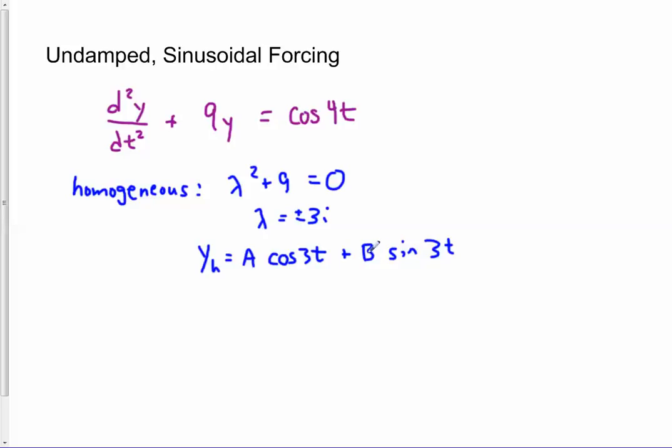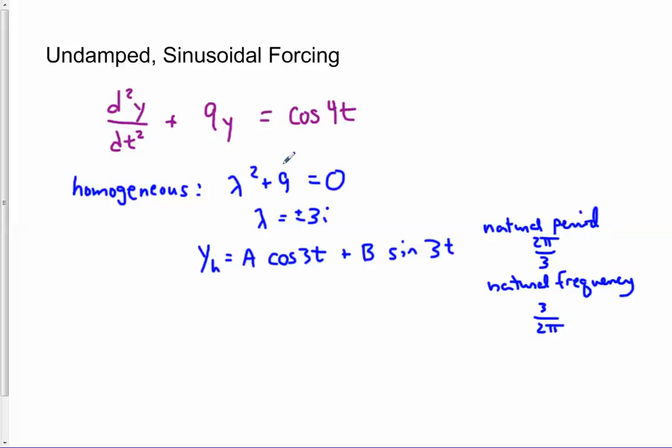The a and the b would be determined by initial conditions, but 3 is the number that leads to the natural period and natural frequency. So the natural period would be 2 pi over 3, and the natural frequency of this oscillator would be 3 over 2 pi.